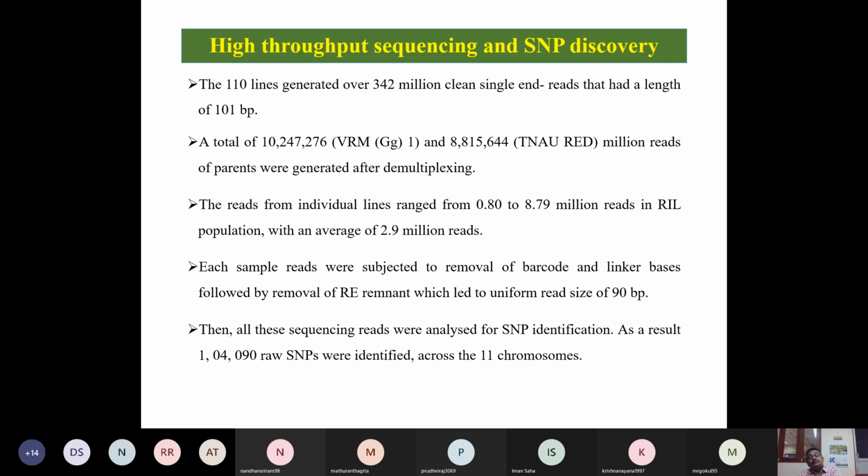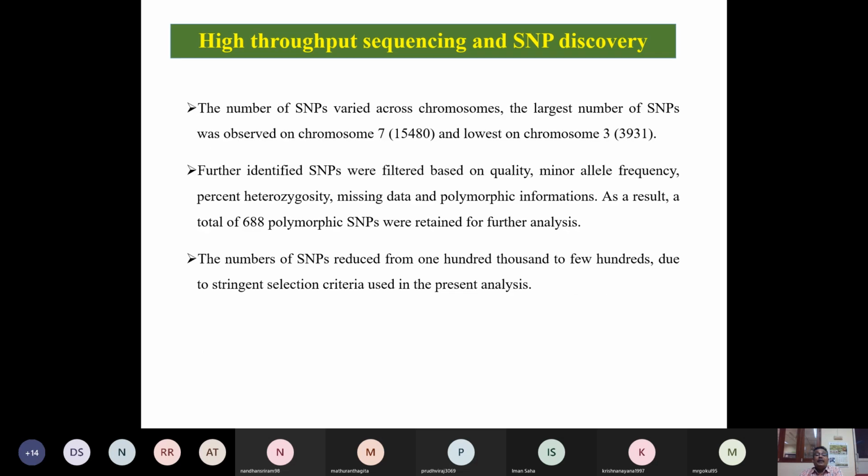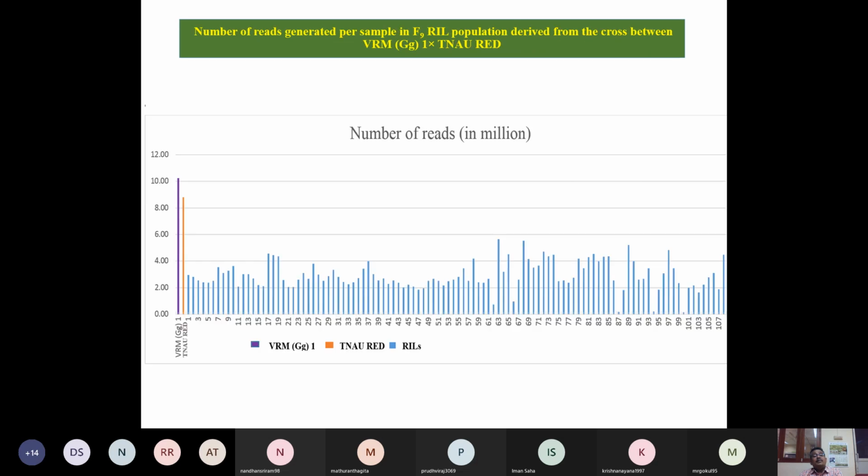So initially very huge data, millions of reads, were generated, but after that you have to find out, for example, the number of reads. The minimum is 2 million reads for all the RILs, and your parents have around 8 to 10 million in the case of one parent, VRMGG1, and around 9 million reads for TNAU red. In this case we did deep sequencing of the parents, which is why we got more millions and more X coverage.